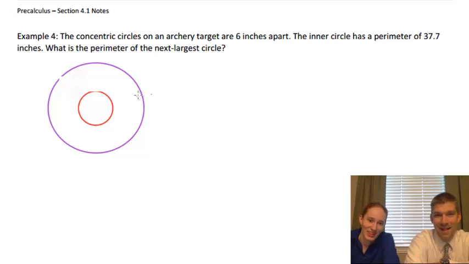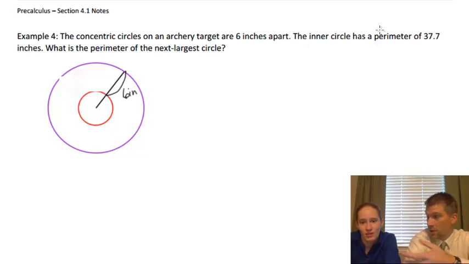So we've got this archery range thing going on here, and we know that the circles are 6 inches apart. So this part of our line right here is 6 inches. We know the inner circle has a perimeter, or circumference, of 37.7 inches.